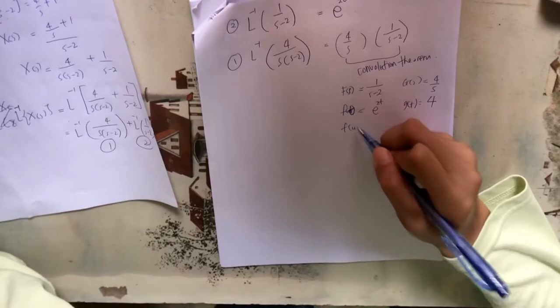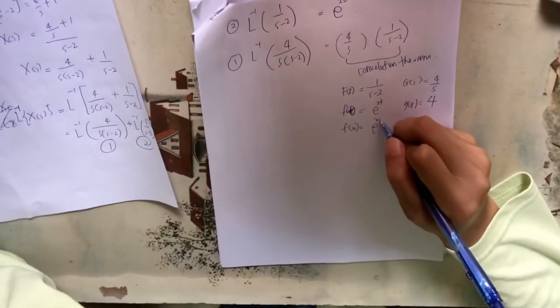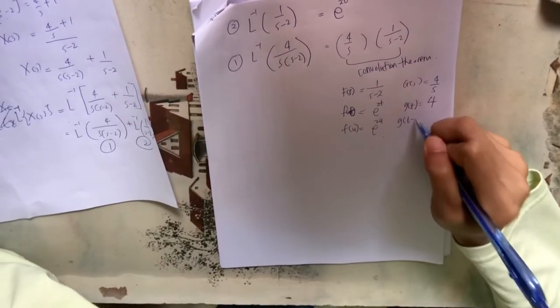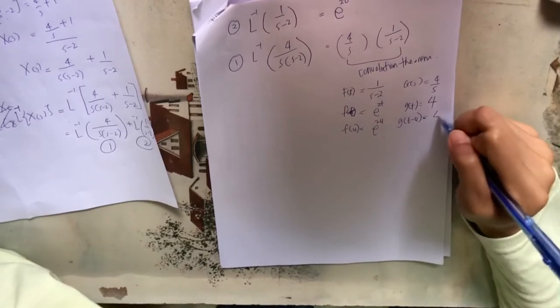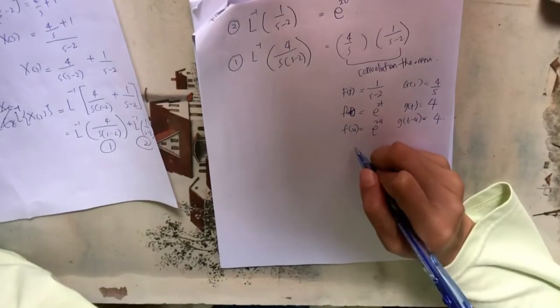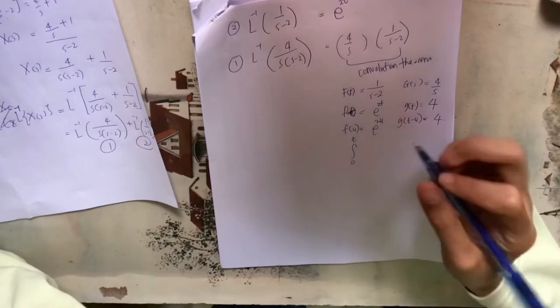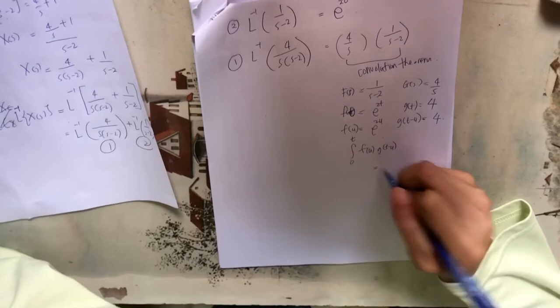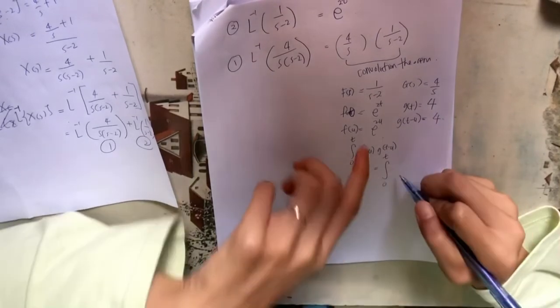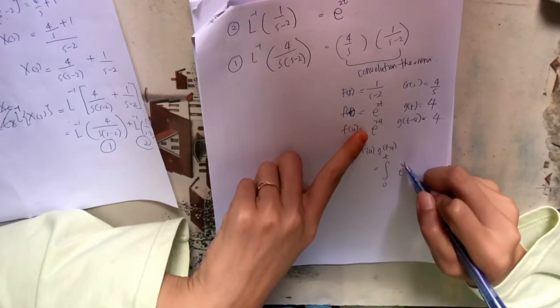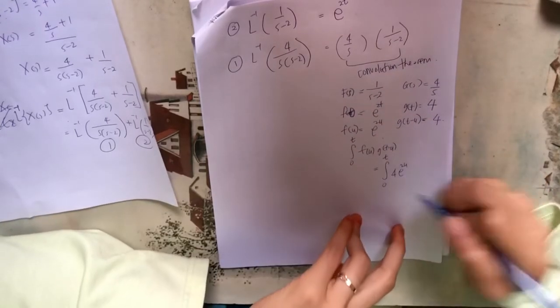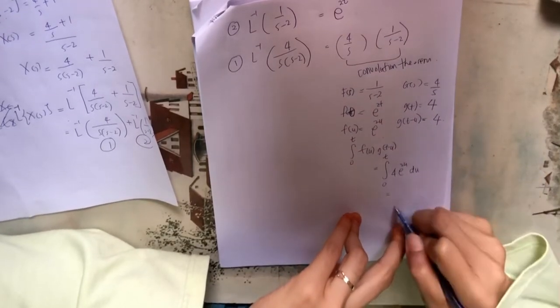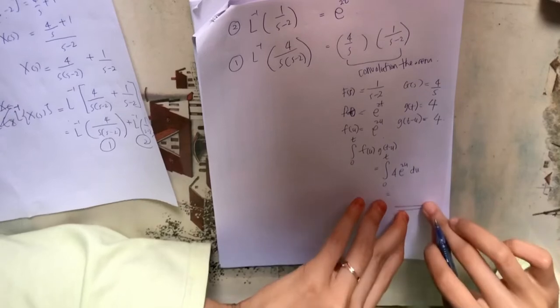Next is find out your Fu, so e2u, and then Gt minus u is equal to 4. So the next step is the integral from 0 to t of Fu Gt minus u, so it is the integral from 0 to t, where your Fu is e2u and your Gt minus u is 4. So you just integrate and then you get the answer.